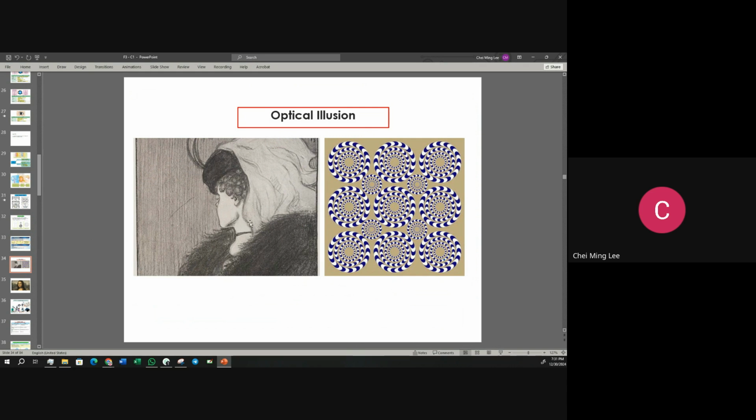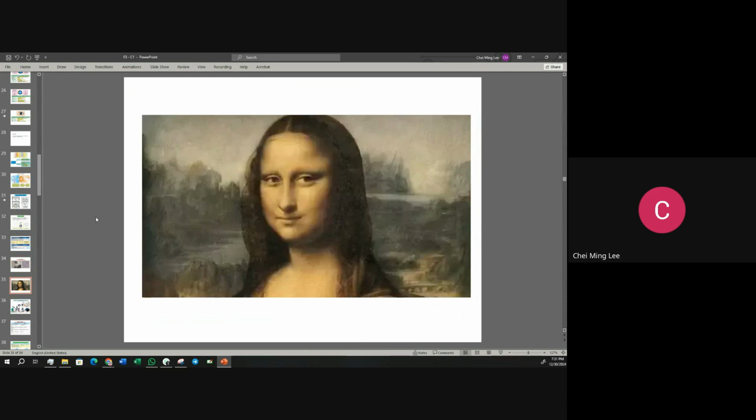And the most well-known drawing in the world. Yes, you will find that wherever you go, she keeps looking at you. So you can imagine someone buying this and putting it in the living room. What the hell? When you're going to the toilet at night, suddenly you see that.